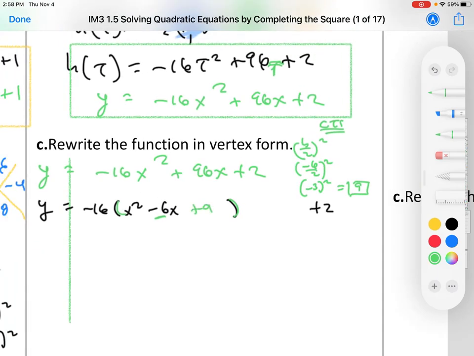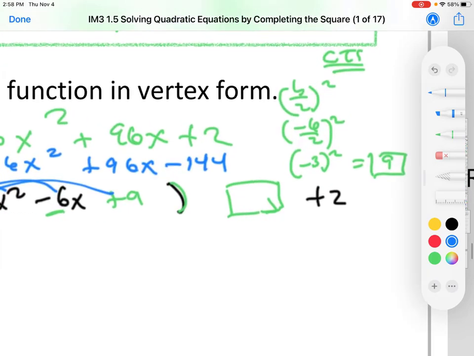If I write a plus 9 here, what am I going to put in this box? If you distribute here, you'll get, we're trying to get equivalent expressions, negative 16x squared plus 96x, negative 144.